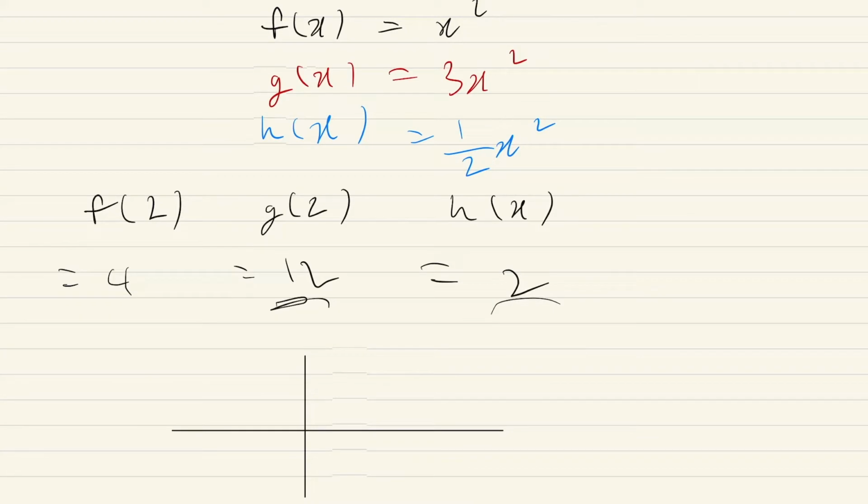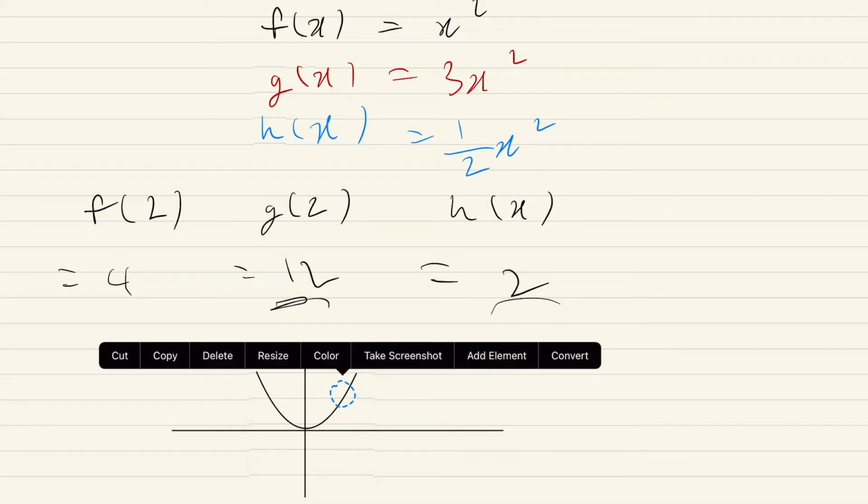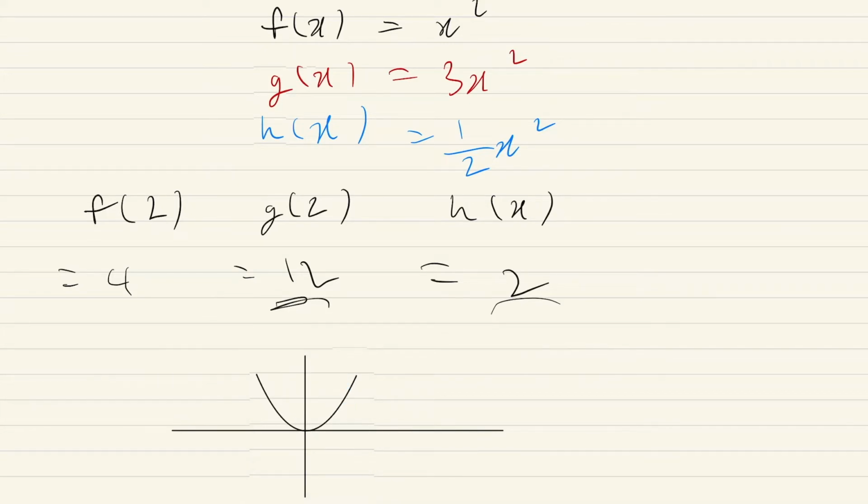When you draw a function, this would be your typical, okay, something like this. Let's take this part over here to be 2, alright?